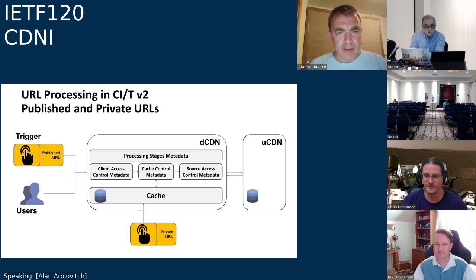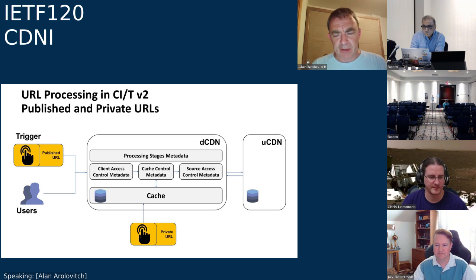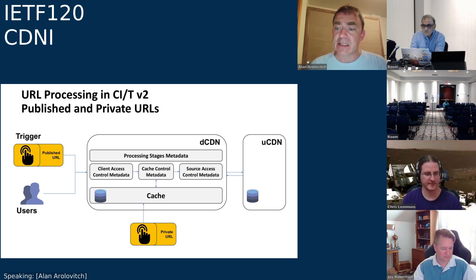Published versus private URLs, right? So this is also something Jane mentioned. I think the new draft not just spells out 2 options, but also spells out in more detail what it means. So when you say URL, what are the implications of processing particular triggers, even if it's an existing published URL?